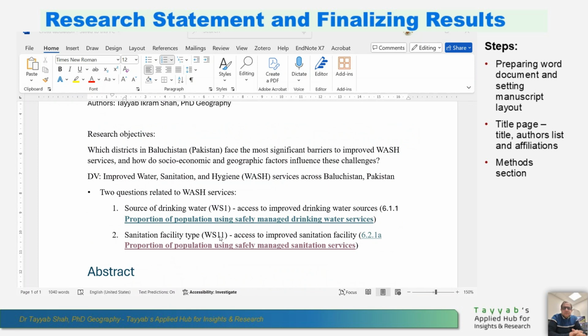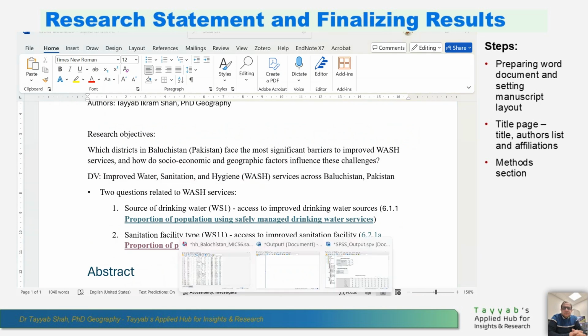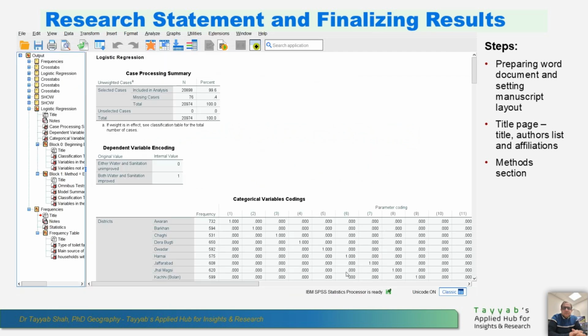We combined these two questions together as a dependent variable, improved WASH services across Balochistan, Pakistan. Once we had this plan, we completed the analysis using SPSS and the Multiple Indicator Cluster Survey data.